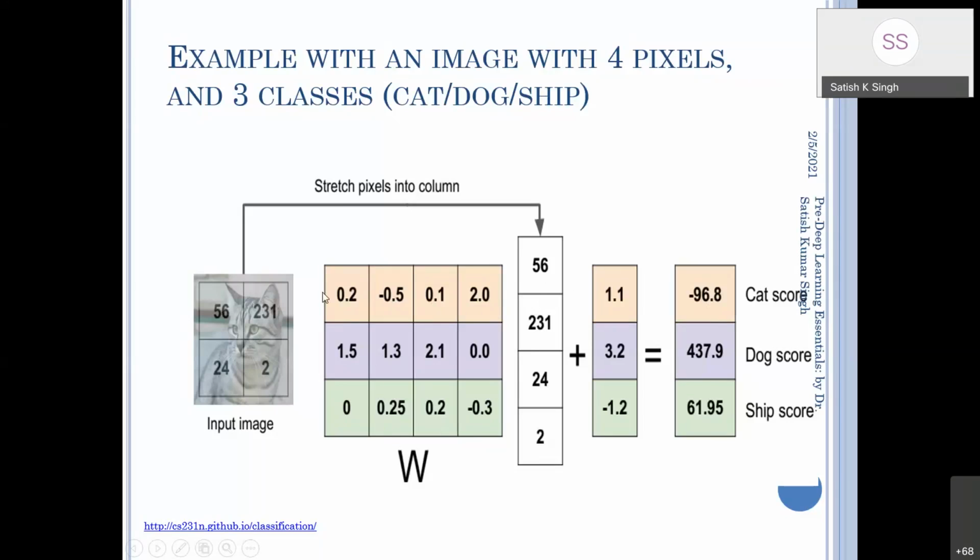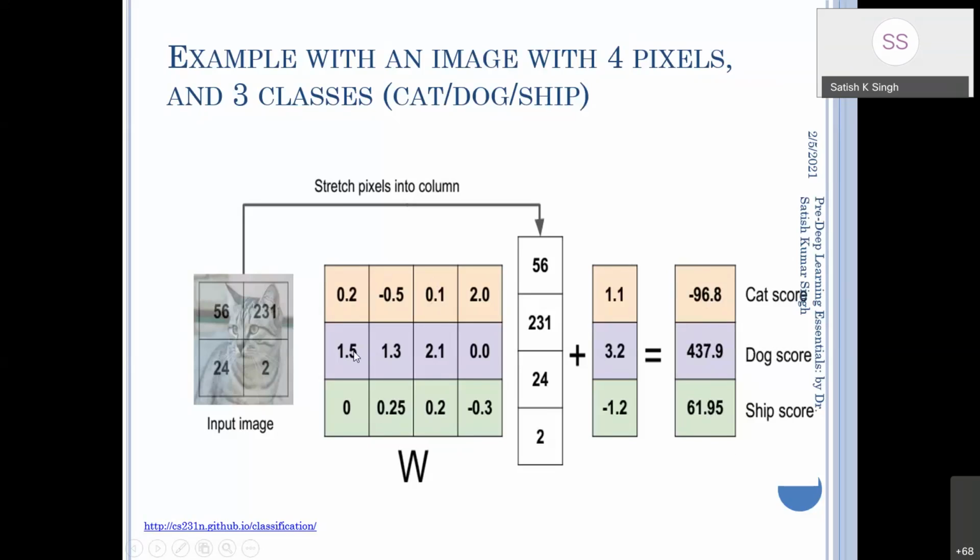So what is our objective? Our objective, if we are passing the cat image, then obviously the first output here must be maximum. If we are passing the dog image, then only the second element should be maximum. If sheep, then this must be maximum.